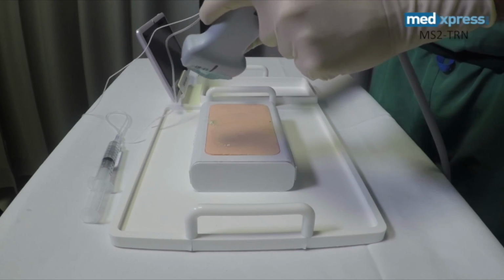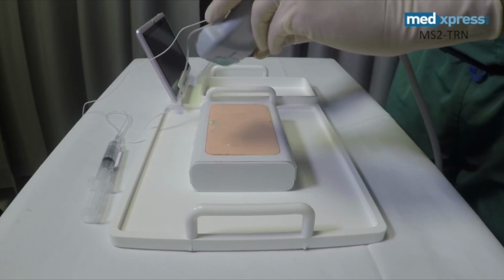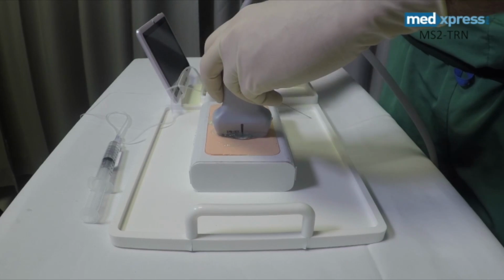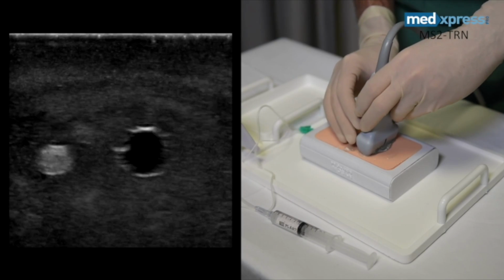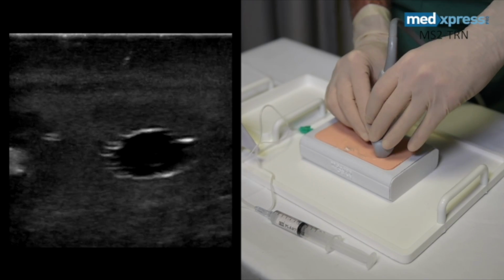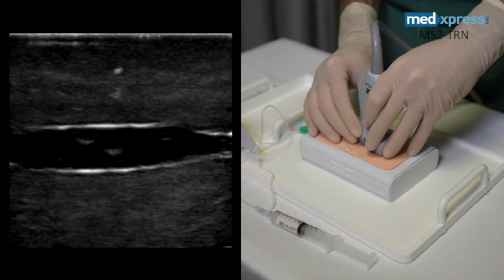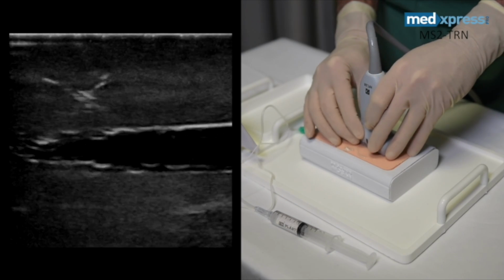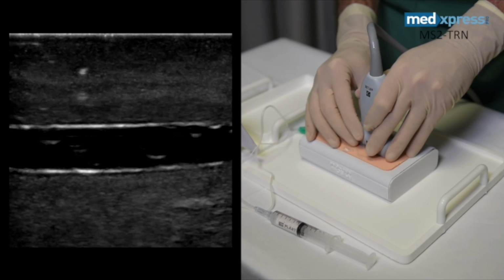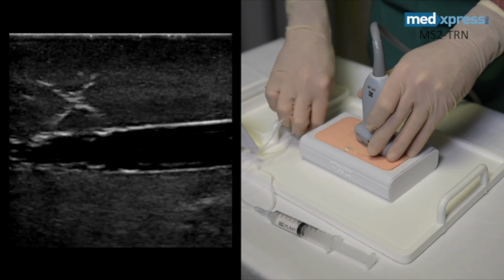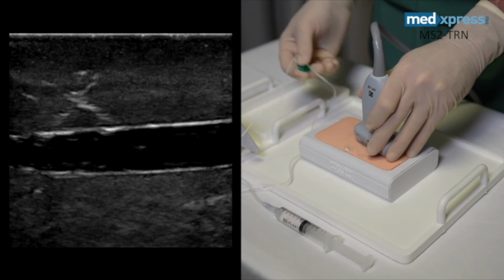Vessels can also be cannulated using an in-plane approach. First, we visualize the vessel in the plane, and then rotate the transducer 90 degrees to visualize both the anterior and the posterior walls of the vessel.